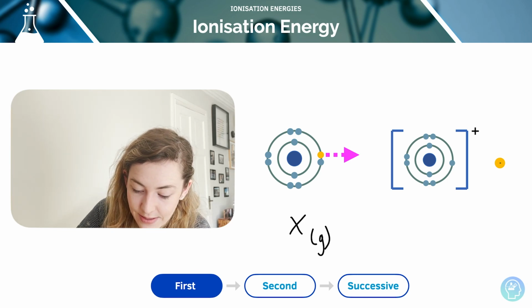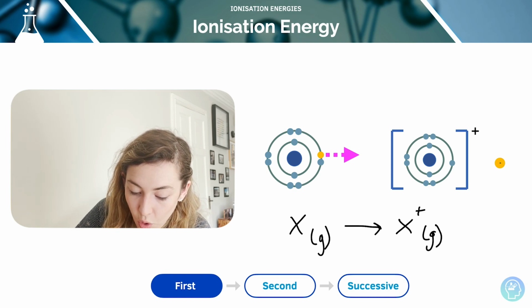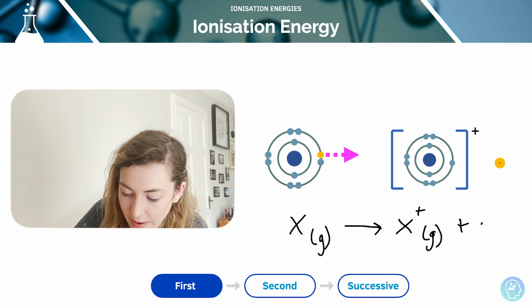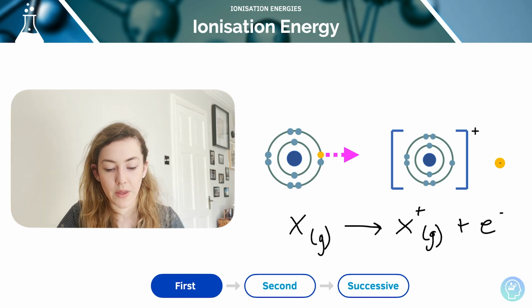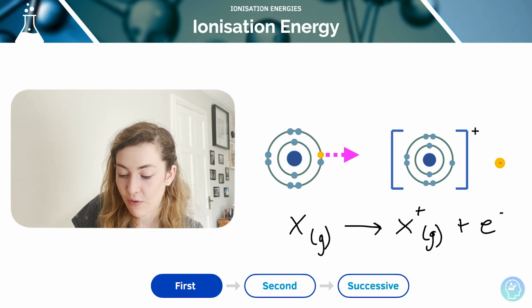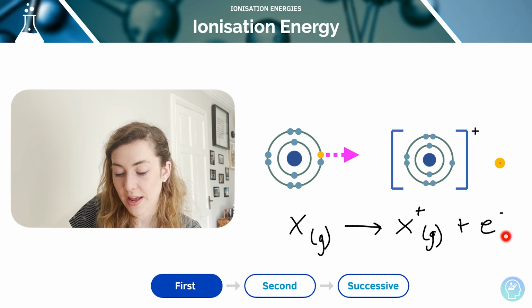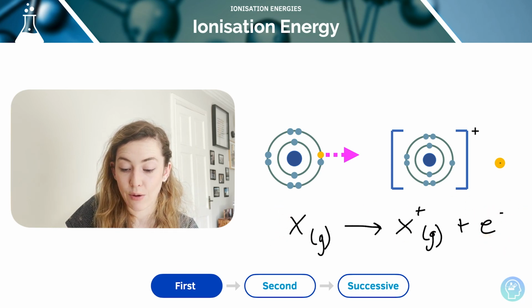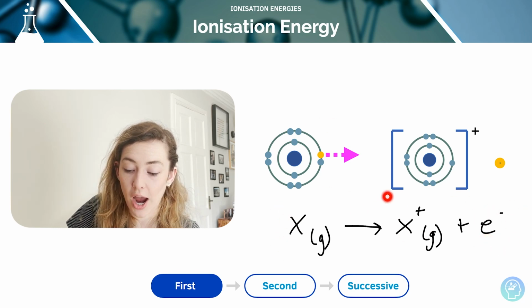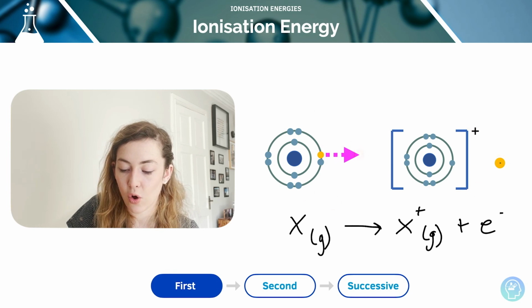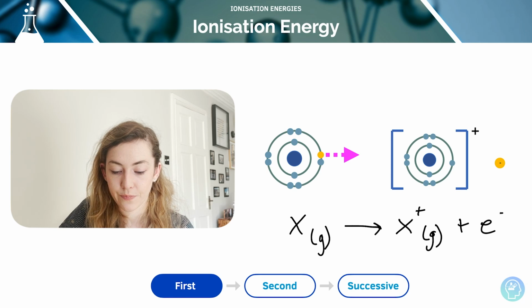So gaseous, that's why when I'm writing this out, we're going to have our compounds or our elements in their gaseous form. So there's a generic example of what ionization is going to look like if you're asked to write out the equation. And here's a diagram of what's happening. There's the electron being lost and we're leaving ourselves with a 1+ ion and that electron.